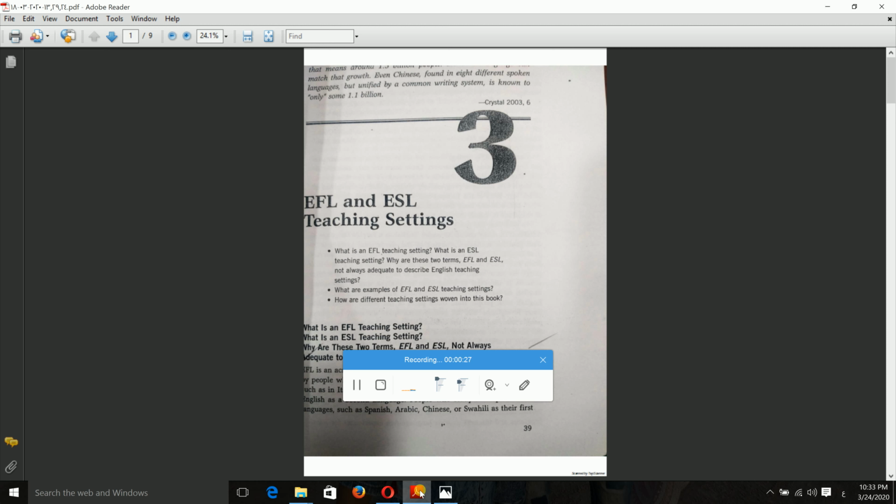Let us get started with Chapter 3, EFL and ESL Teaching Settings. At the beginning, let us define what these terms mean. EFL, as I told you in the previous lectures, refers to English as a foreign language. It means that if we study English here in Iraq, in our schools, colleges, and universities, we learn it as a foreign language.